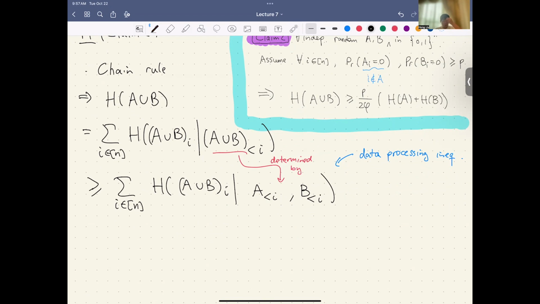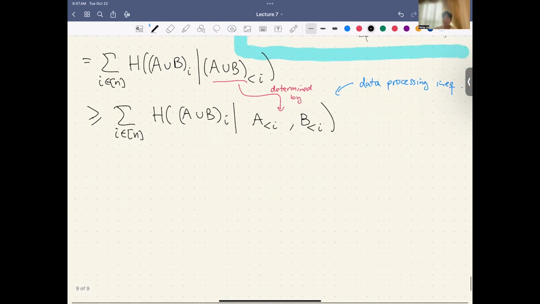All right. Now we're gonna estimate the right-hand side. To estimate the right-hand side, let's first estimate this conditional entropy. Okay, so let's use some shorthand notation.